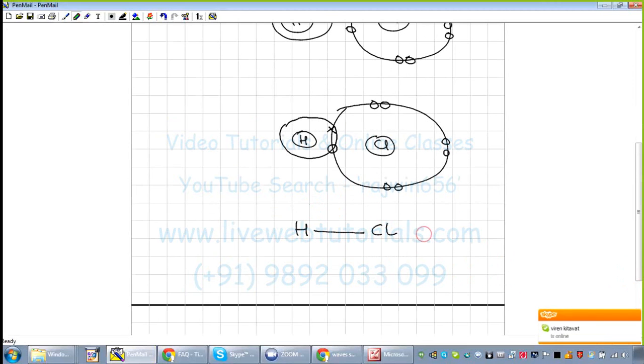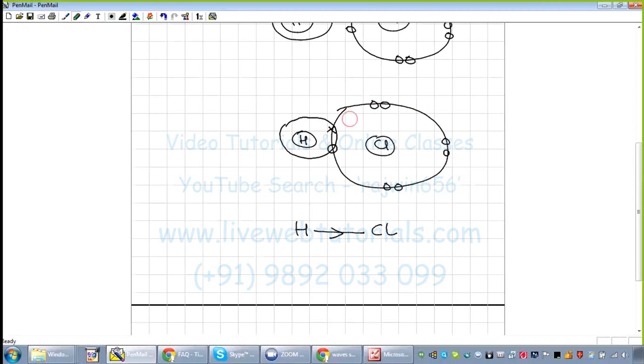Here also there is a single covalent bond, but the electrons that are shared between the hydrogen and chlorine atom are not shared equally. The reason for that is chlorine has a greater ability to pull that shared pair of electrons more towards itself.